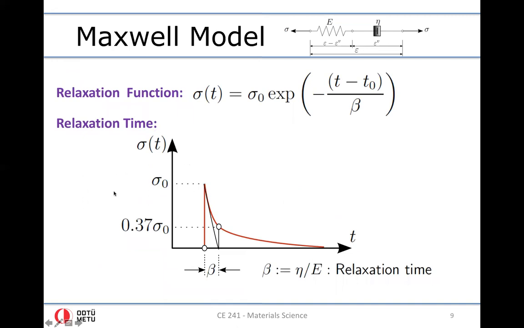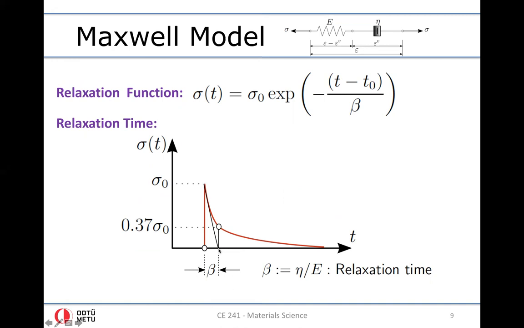When you take a closer look at this relaxation response of the Maxwell model, we observe that when you draw a tangent to the stress-time curve at t equals t0, the intersection point of this tangent line with the horizontal axis, in other words the time axis, gives you the position of the relaxation time.